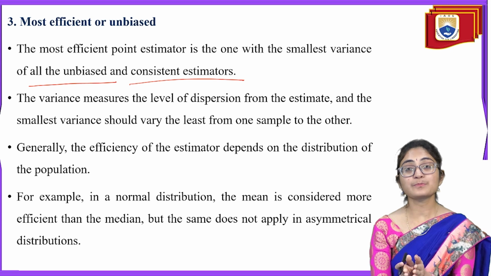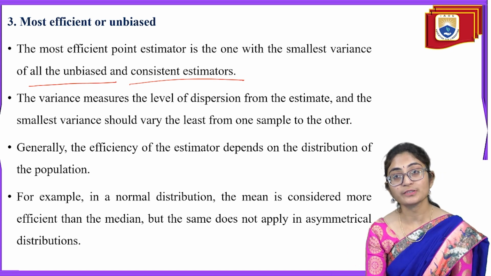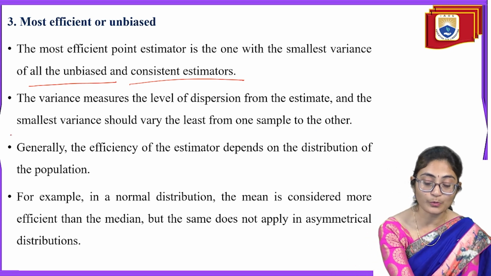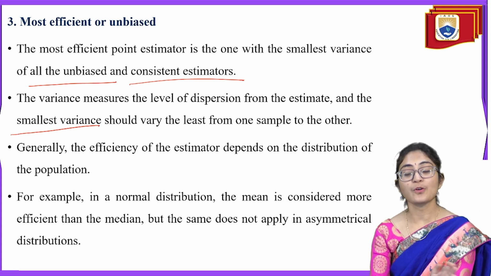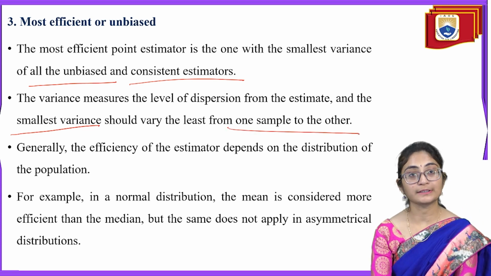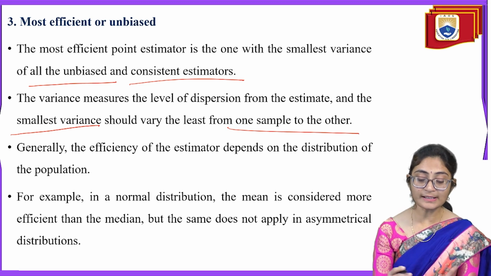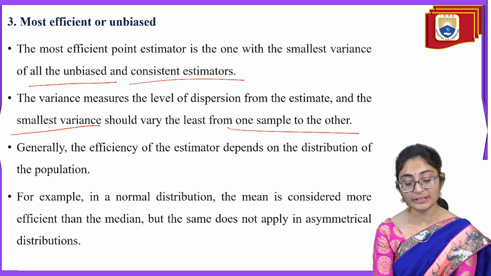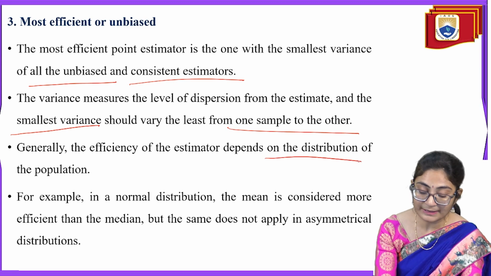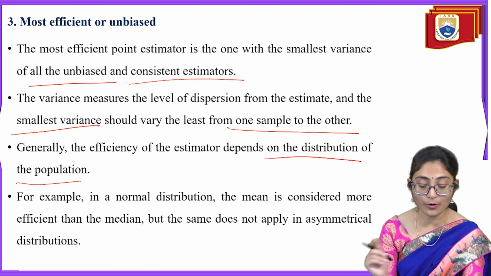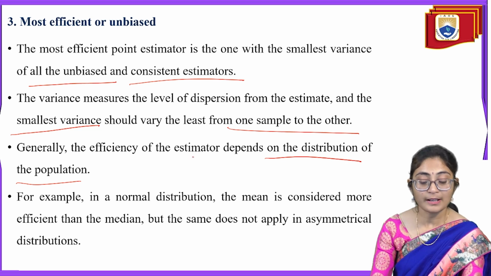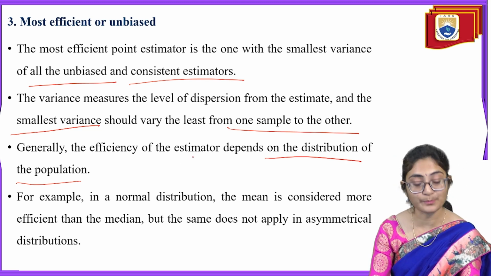The variance measures the level of dispersion from the estimate, and the smallest variance varies the least from one sample to another. Generally, the efficiency of the estimator depends on the distribution of the population.